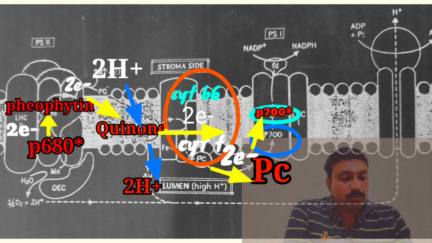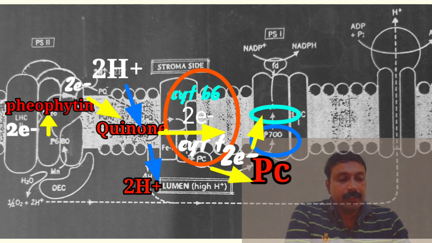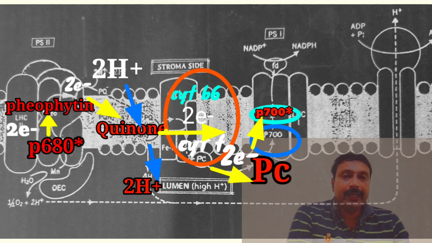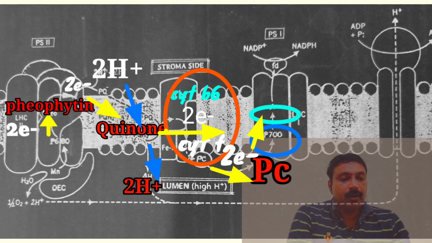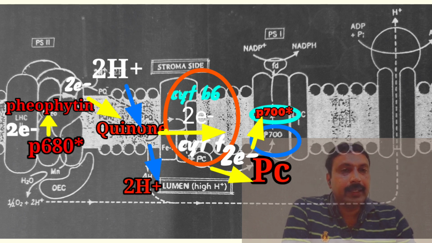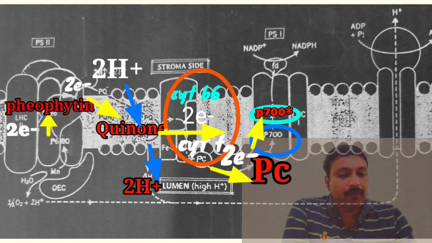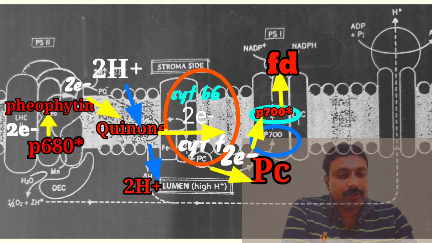Now the photosystem 1 antenna absorbs the light energy and transfers it to the reaction center by a process called inductive resonance or resonance transfer. After getting light energy, this P700 is excited as P700 star. Now it donates a pair of electrons to ferredoxin.